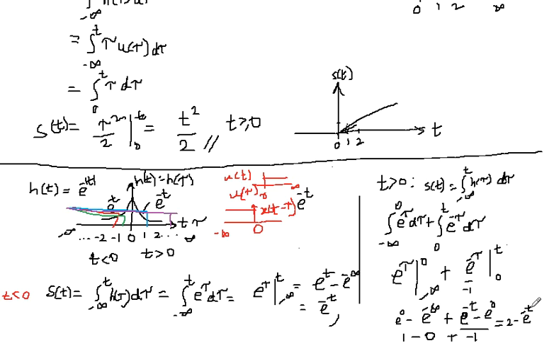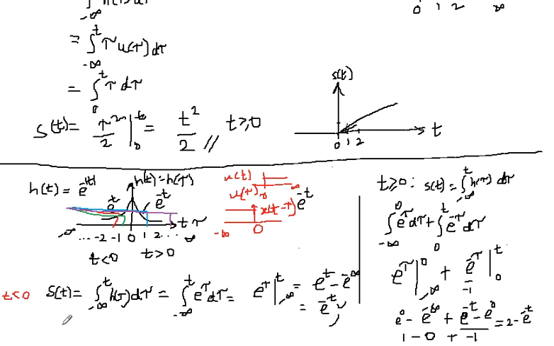So I hope you are getting these kinds of problems. Solve the rest of the problems. So the answer for t less than 0 is e raised to minus t, and for t greater than or equal to 0 it is 2 minus e raised to minus t.